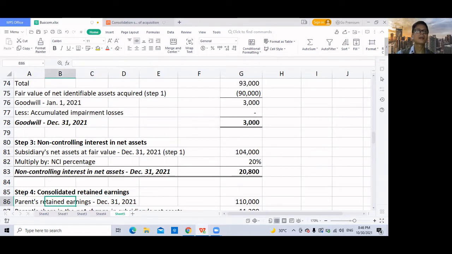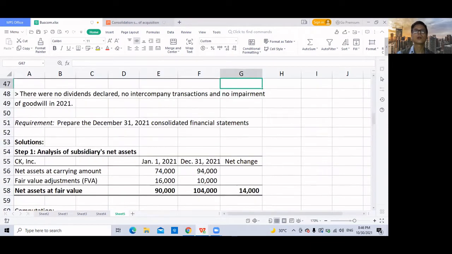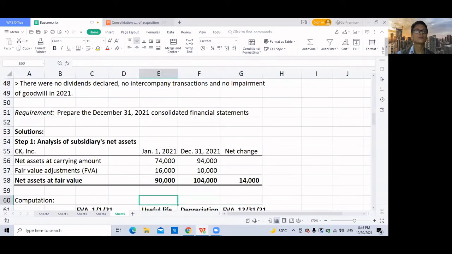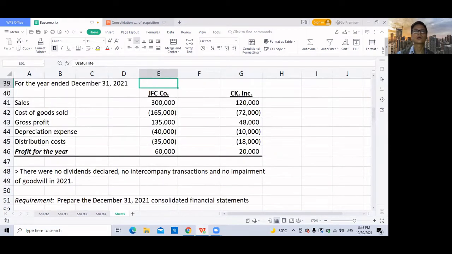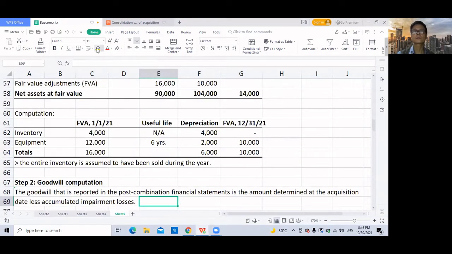So that's why parent's retained earnings December 31, 2021, 110,000. Sa kanya lang yun. So makikita natin dito yung kanyang retained earnings. Dun sa pinakauna, ito yung kanyang retained earnings, 110,000, dahil sa parent yan, kay JFC.